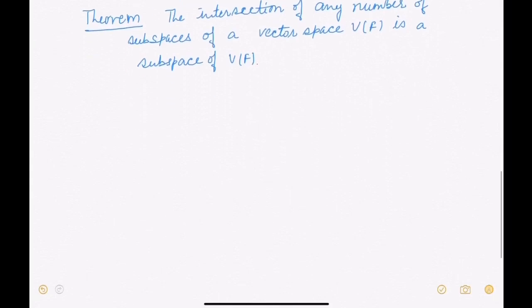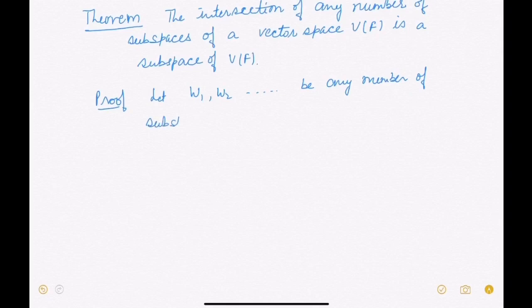So, proof: let W1, W2 be any number of subspaces of a vector space V(F).